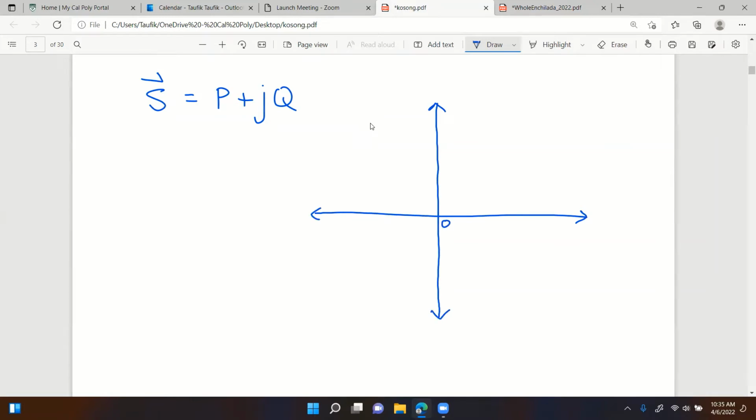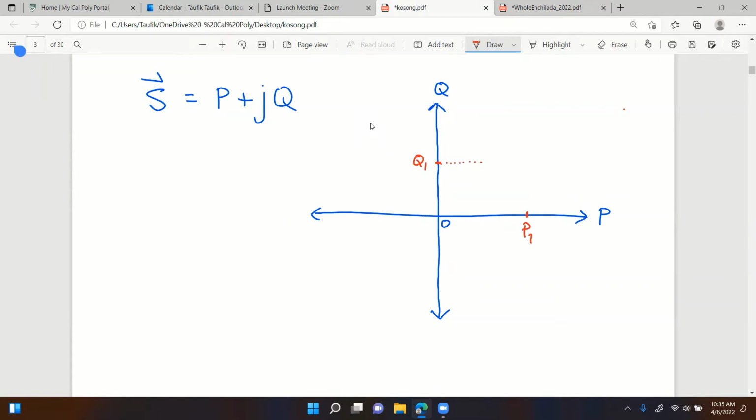If I represent the x-axis for P and the y-axis for Q, that's the j omega axis. Then I could have complex power in any one of these 4 quadrants. For example, let's say I have the triangle in the first quadrant, with the power equal to P1 and Q equal to Q1 right there.